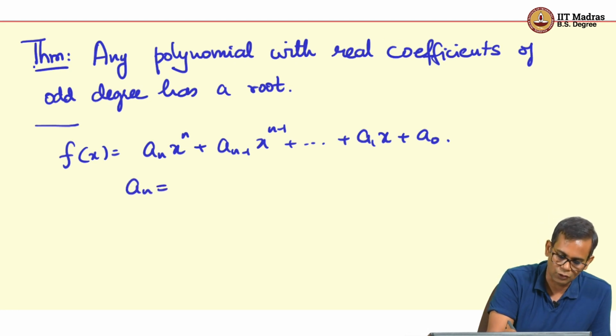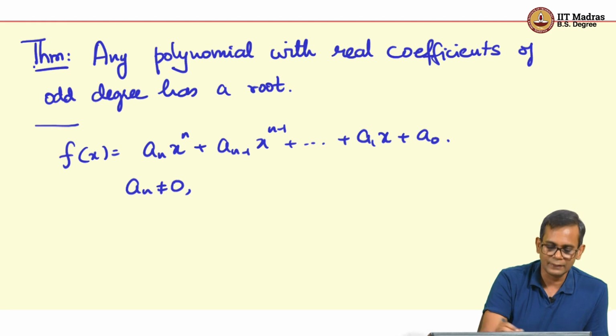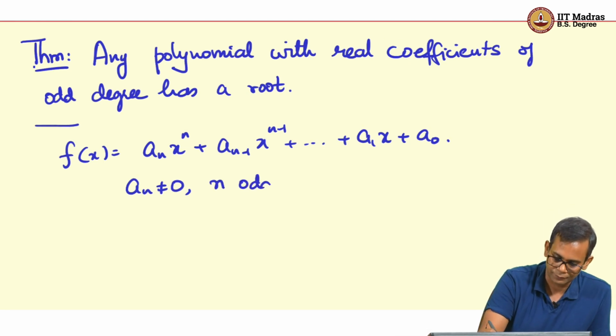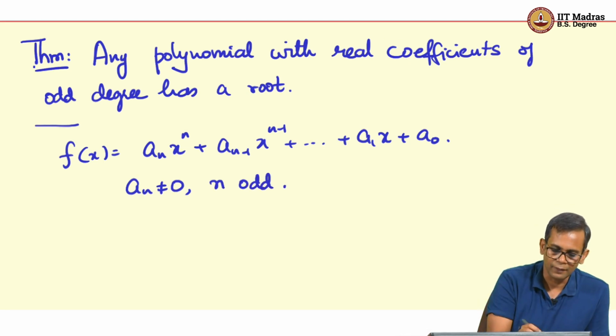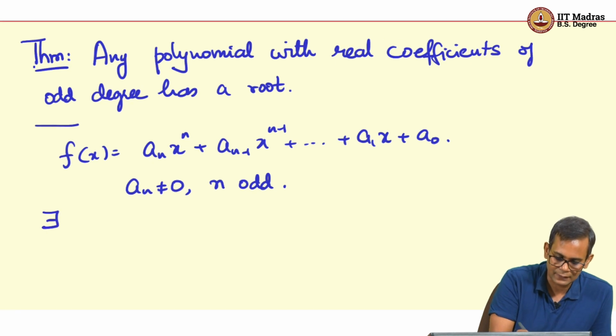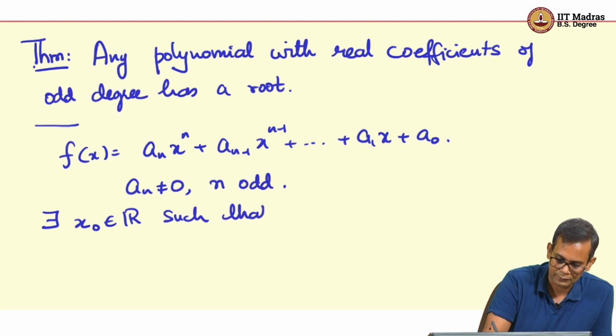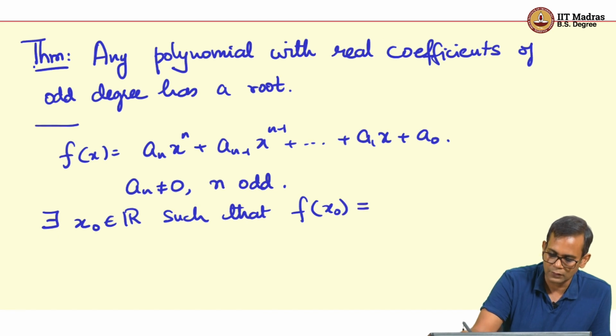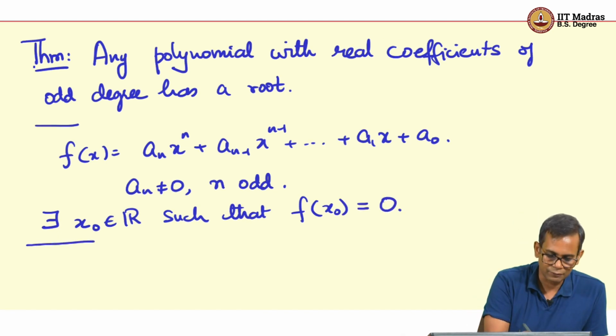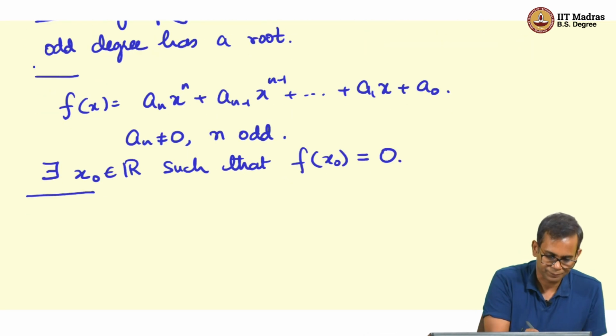So a_n is not equal to 0 and this n is odd. What I am saying is there exists x naught belonging to R such that f of x naught is equal to 0. So, let us give a proof of this statement.